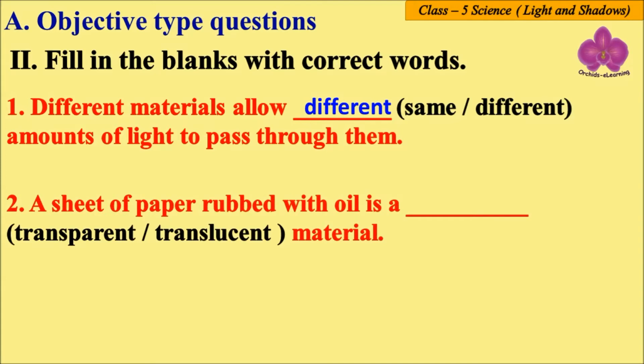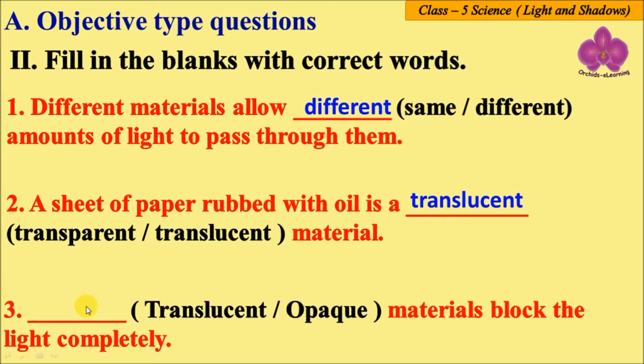Next, a sheet of paper rubbed with oil is a dash material. Options, transparent or translucent. And the answer is translucent. Dash materials block the light completely.